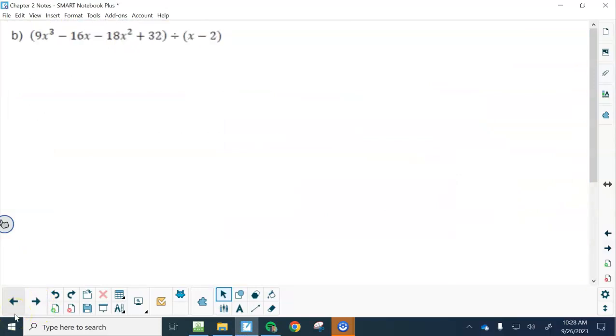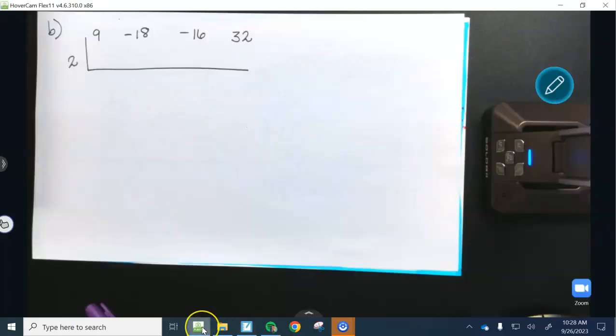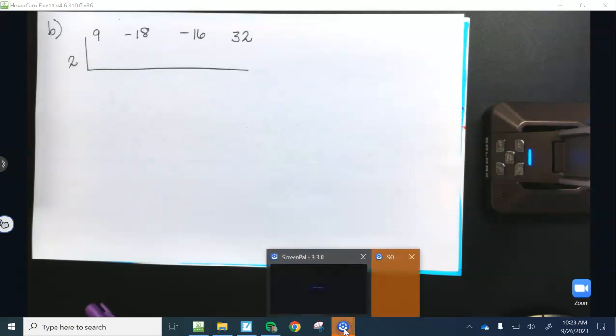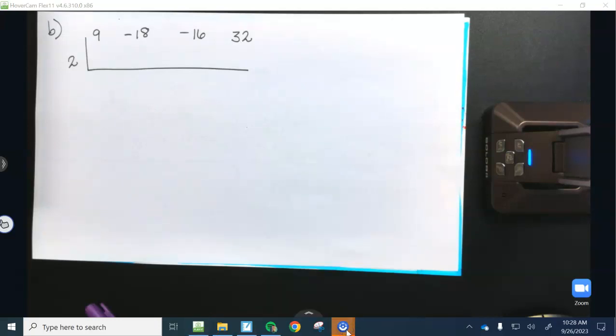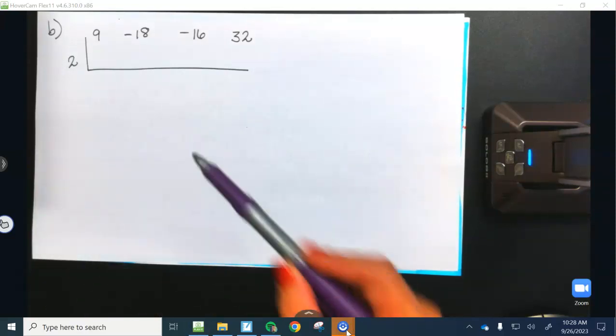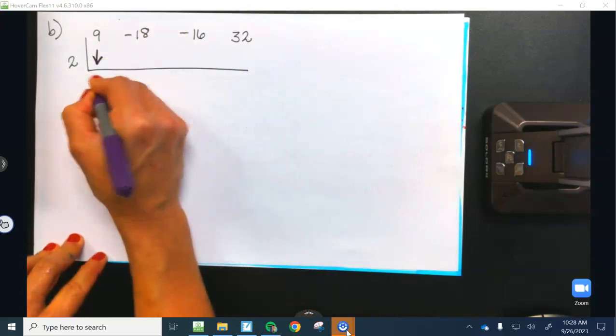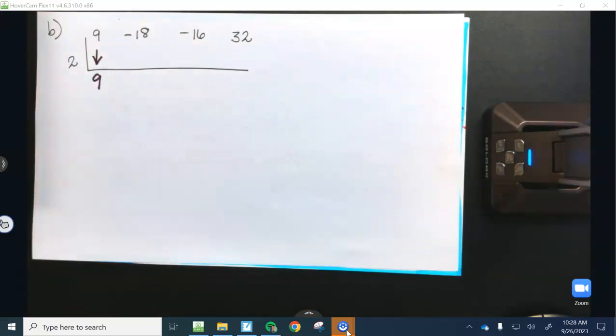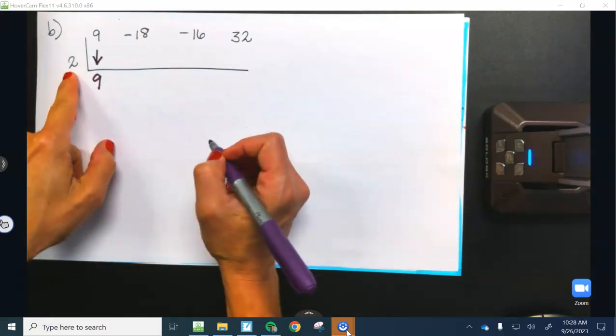Why are my numbers in different order in my division box? Yeah, because of degree. Good job. All right, let's bring down this 9 and just start the process, y'all.